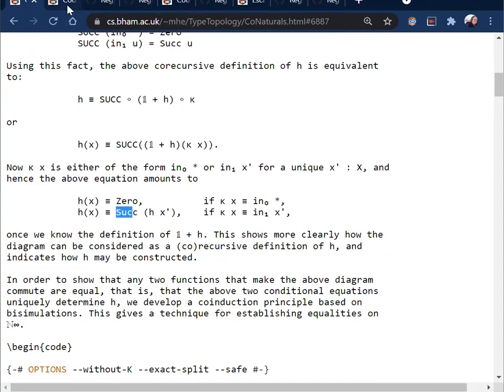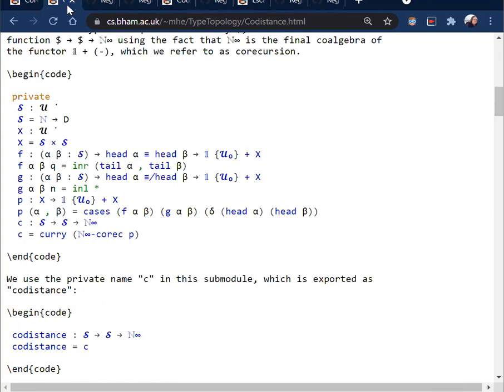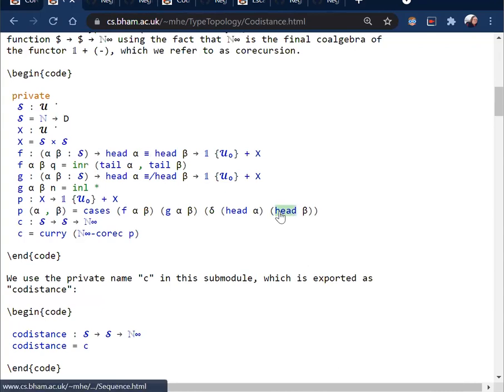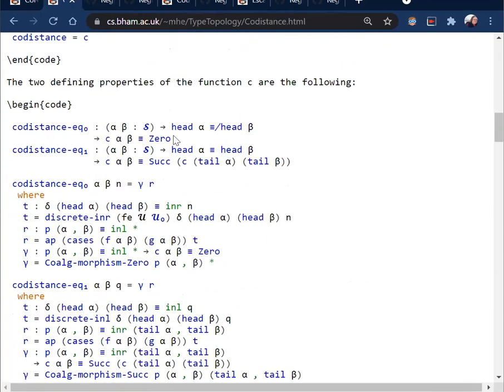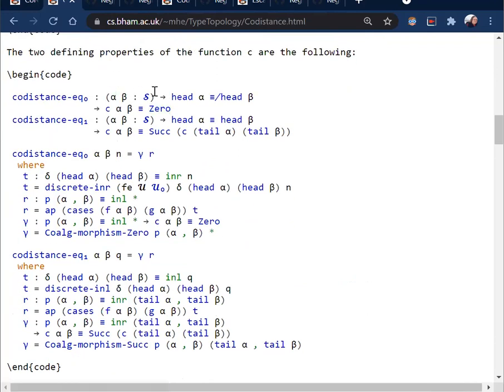And what does this all mean, away from the co-recursion? What does it sort of analytically mean? Well, it means these 2 things. If you have 2 streams and the head is not equal, then the codistance is 0, because the finite amount of information you needed was at point 0.